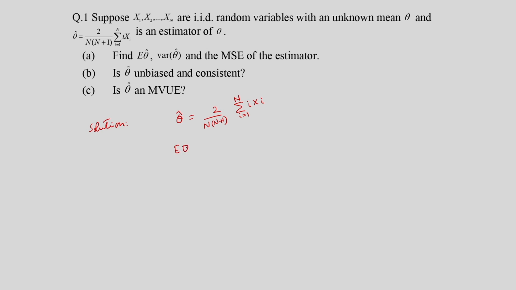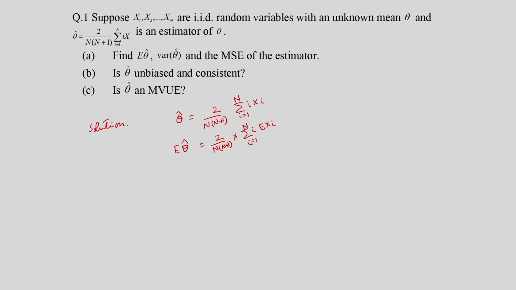Therefore, E of theta hat will be equal to 2 by n into (n plus 1) into, now the expectation of this sum is the same as the sum of the expectations. So, the summation, i going from 1 to n, i is a constant, into E of Xi.